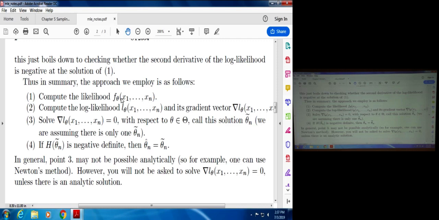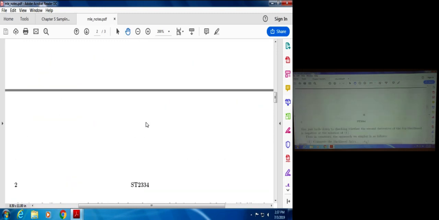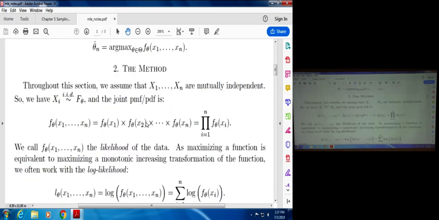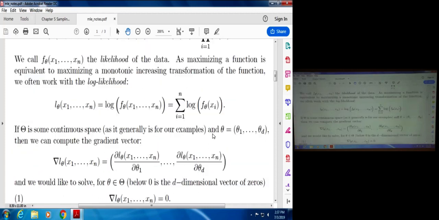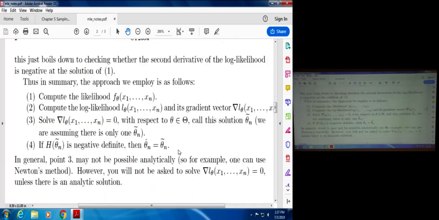You just write down on a piece of paper the product, i from 1 to n, of the density function evaluated pointwise at the data point, i.e., this function here. Okay, then the second step is you compute the logarithm, and you differentiate it. Now once you've differentiated it, you solve the equation with respect to theta, that the derivative of the log likelihood is equal to 0.